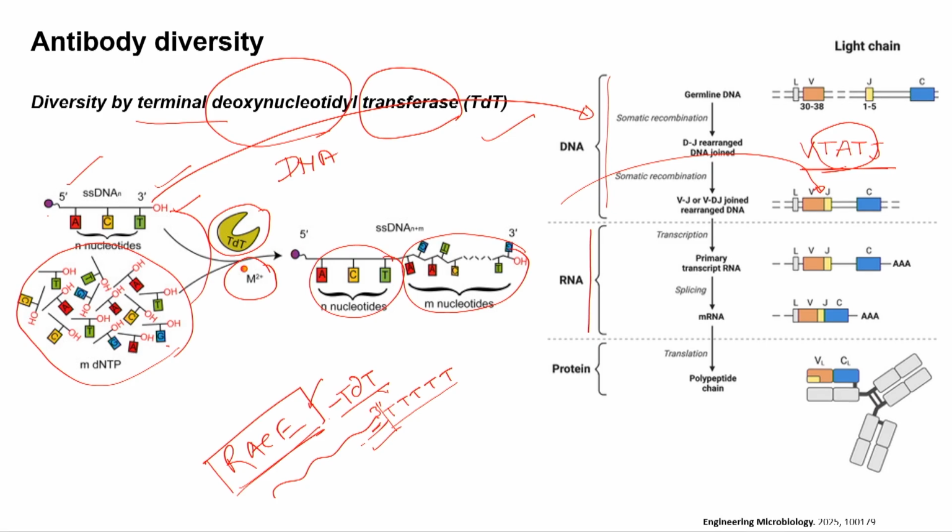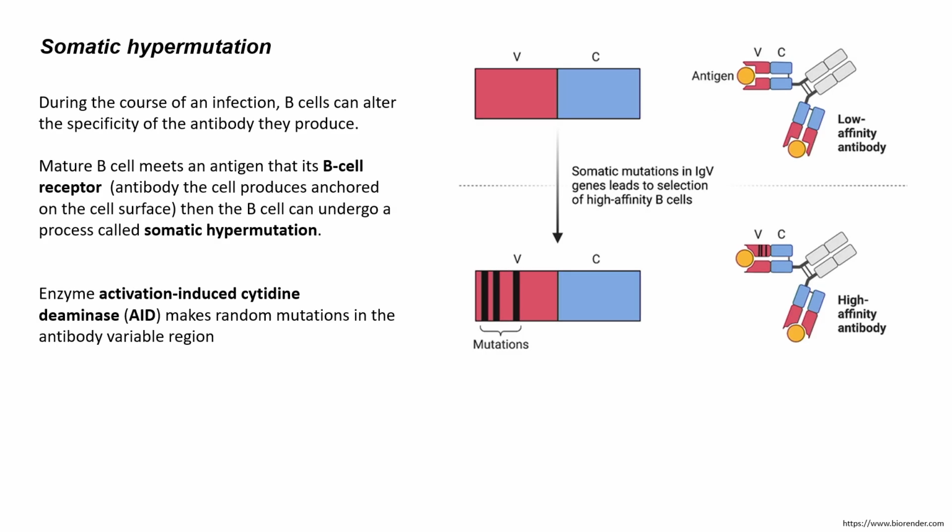of the protein. And finally, we could learn this term called somatic hypermutation. As I said earlier, somatic stands for cell, hypermutation means more mutation. Let's read a few of the things and then I will try to explain. During the course of an infection, B cells can alter the specificity of the antibody that they produce, which we have understood clearly: once there is an infection, the B cell can do a specific antibody generation.